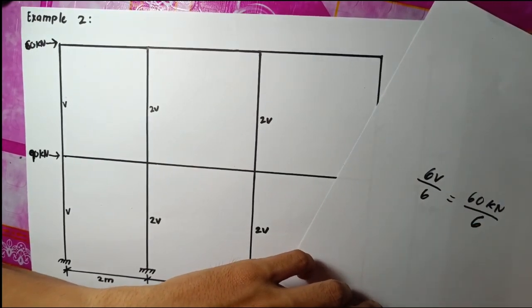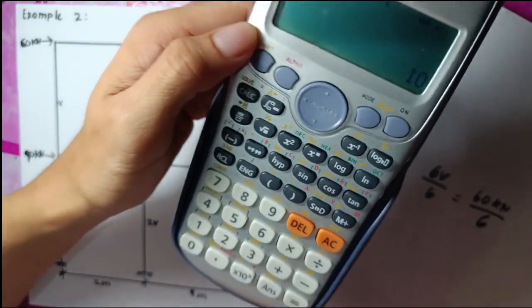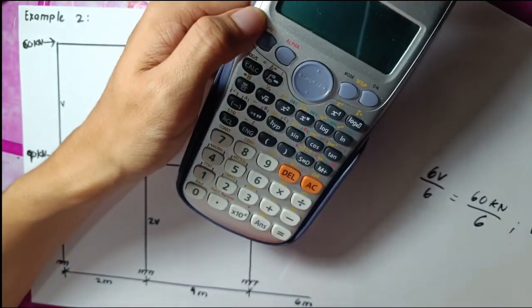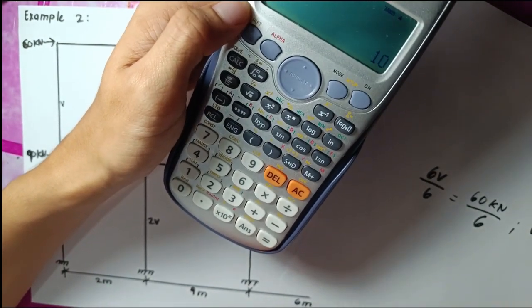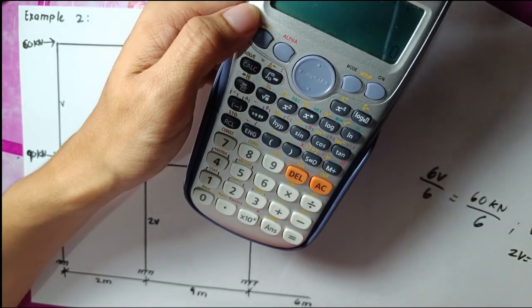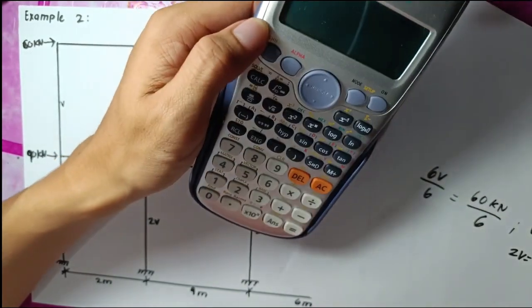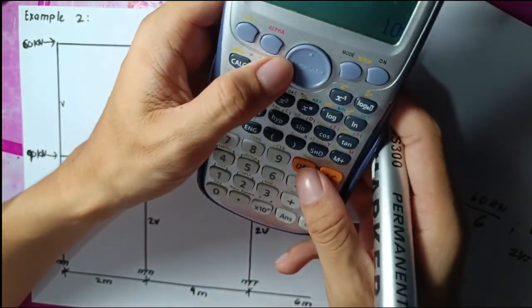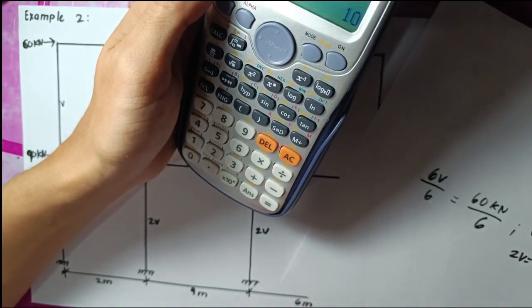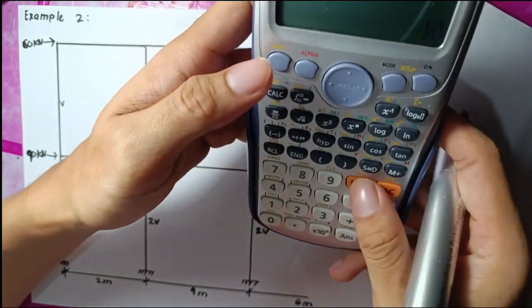Divide it by 6. So our shear is 10 kilonewton, and twice the shear is 20 kilonewton.